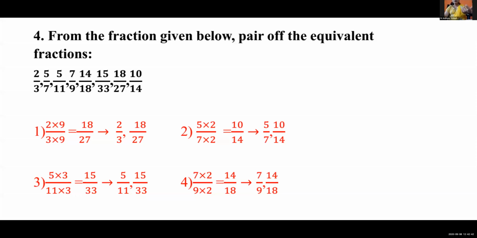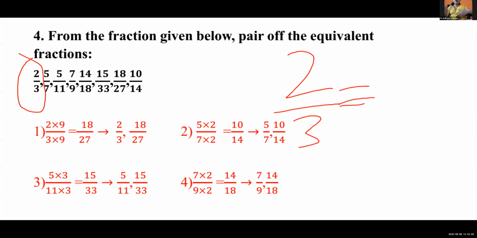So we'll take the first one, 2 upon 3. This is our first fraction. Now we have to find the pair of this equivalent fraction from among the remaining fractions.